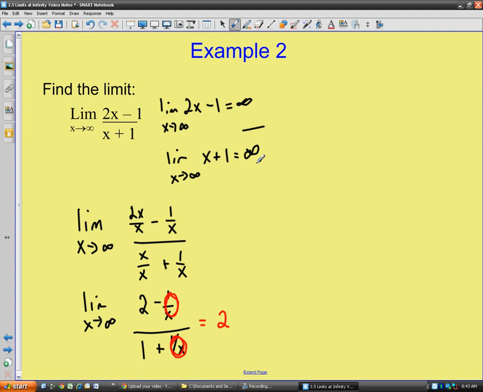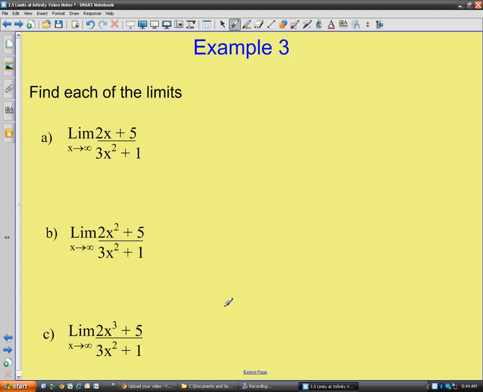Since the degrees are the same, they're both 1, our leading coefficient ratio is 2 over 1, which gives us a horizontal asymptote, or a limit at infinity, of 2. You've got to understand that limits at infinity and horizontal asymptotes coincide. Knowing that, you might be able to figure these out just from the rules for horizontal asymptotes that you've learned in the past, but we'll do it and explain it calculus-wise, with limits at infinity.